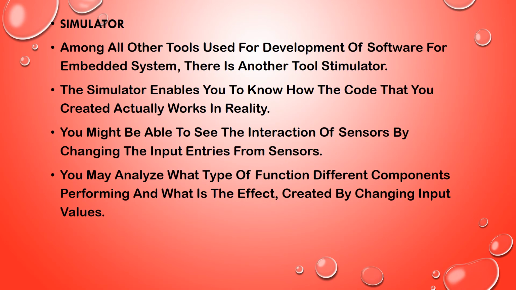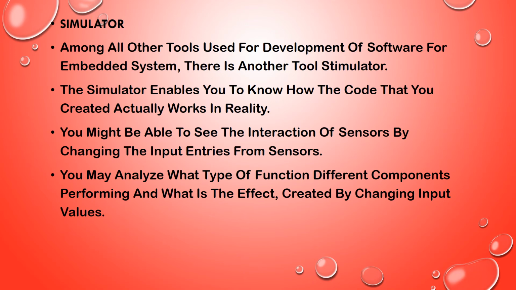Then there are simulators. Among all other tools used for development of software for embedded systems, there is another tool called a simulator. So the simulator is also very important. It enables you to know how the code that you have developed actually works in reality.